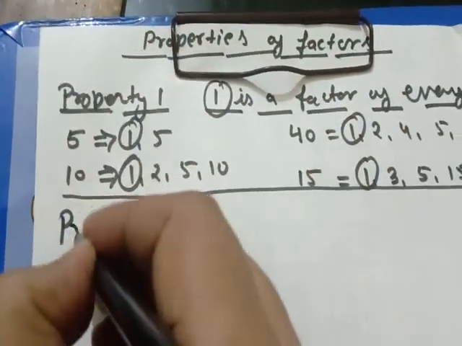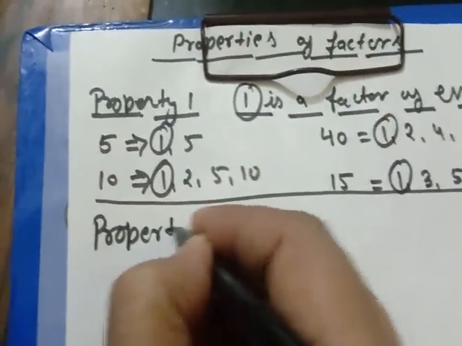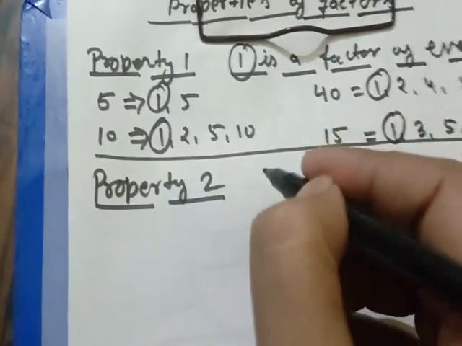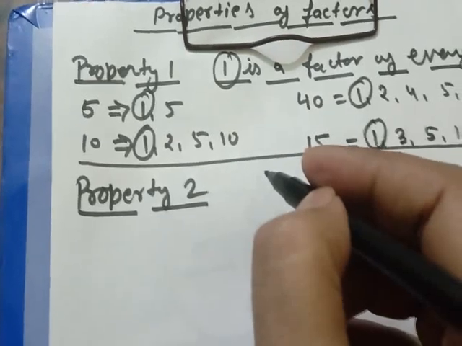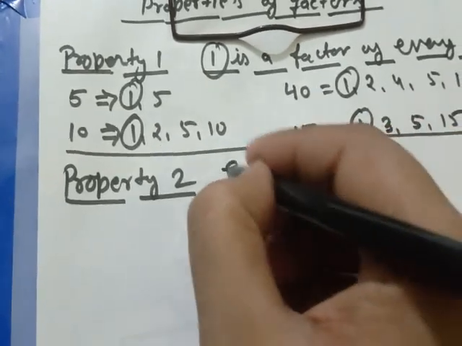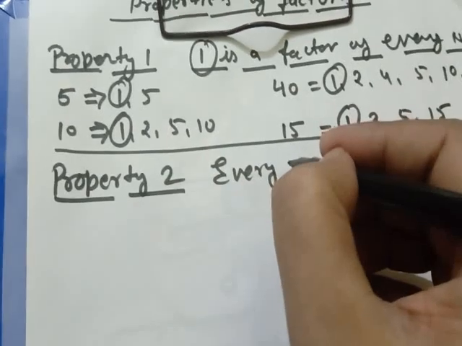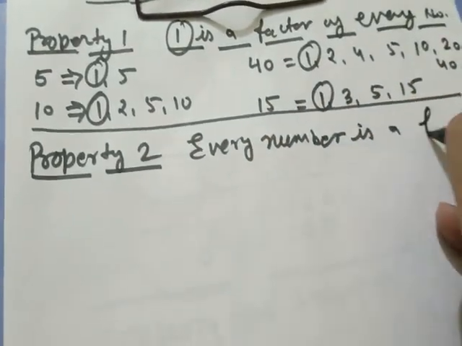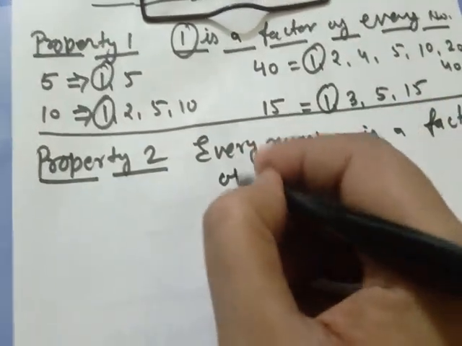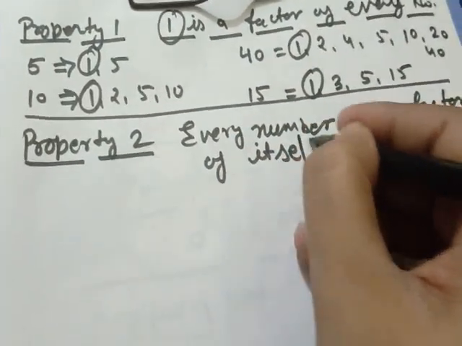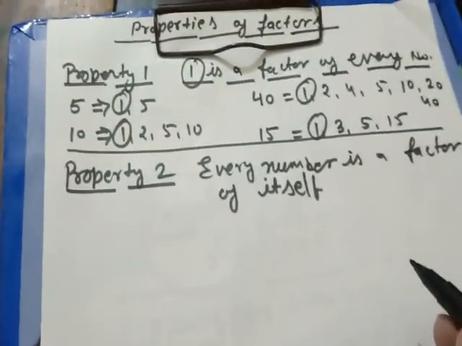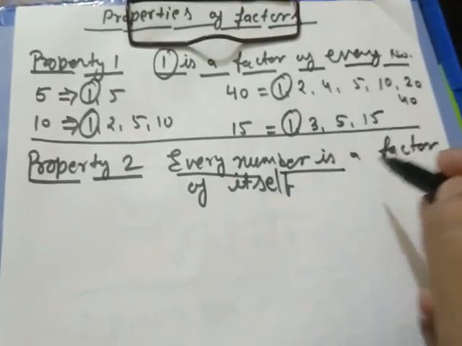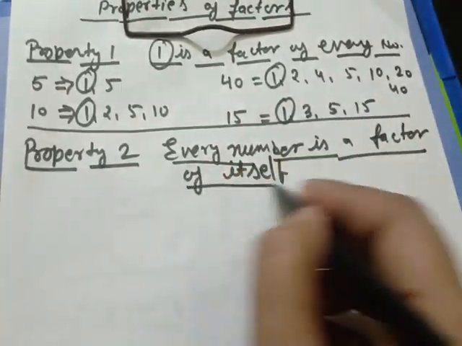Property number 2. Every number is a factor of itself. We will understand this more. Every number is a factor of itself.